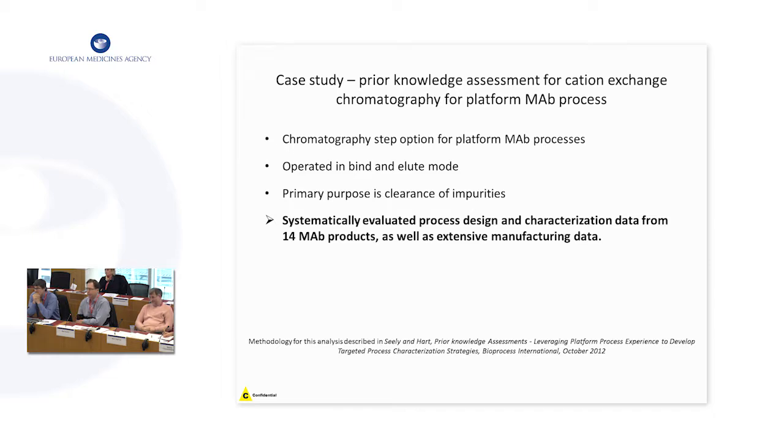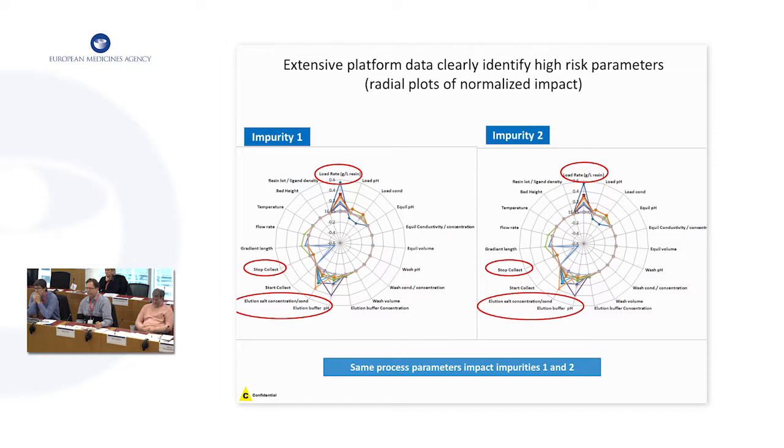We systematically evaluated data from 14 monoclonal antibody products. We have a lot more now, as well as looking at extensive manufacturing data for these products. This is a radial plot just showing negative or positive impact on two different CQAs, and they're so similar.